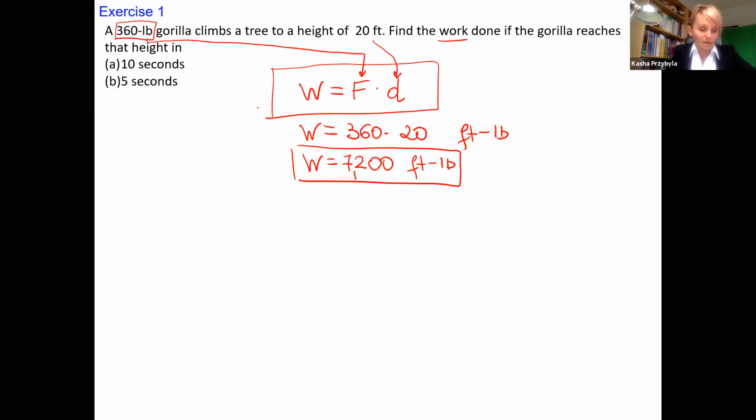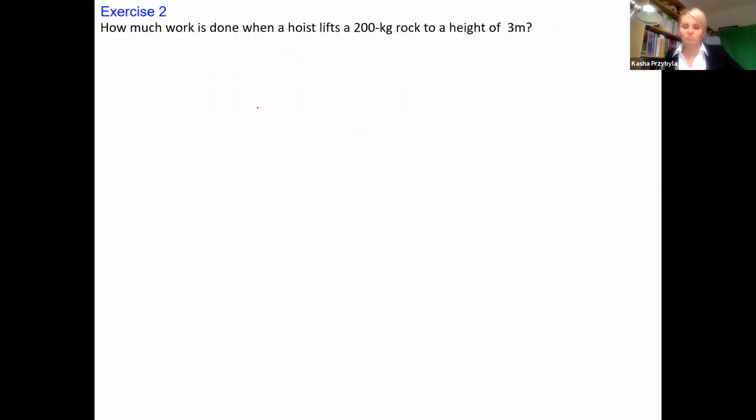Okay, and then let me check this one. How much work is done when the hoist lifts a 200 kilogram rock to a height of 3 meters? Everything is fixed, no function. Work is simply the force times the distance.